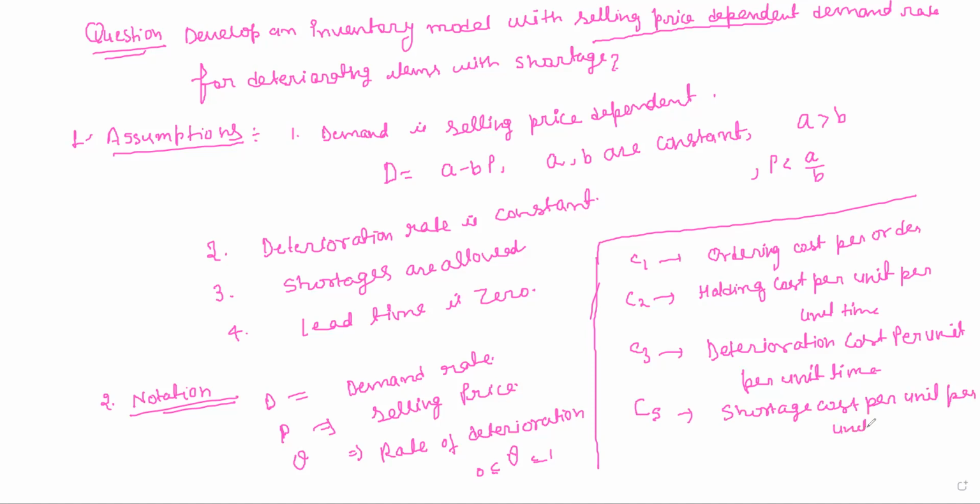Okay, Q is the order quantity. B is the back order quantity.